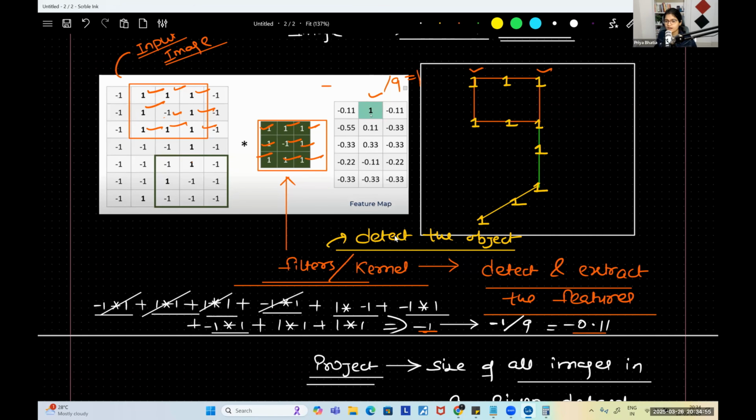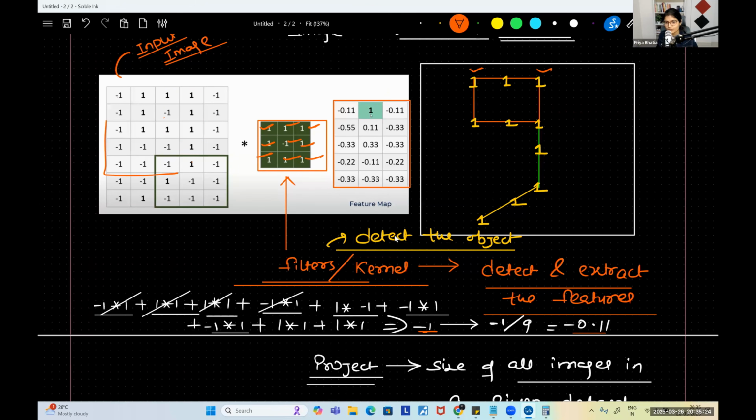Now it is clear. In this way, our input image matrix will be shifted by one step, and matrix multiplication will be done with respect to the input image values and the filter. This is how we generate this entire output matrix. Every time we do the computation till we reach the end.